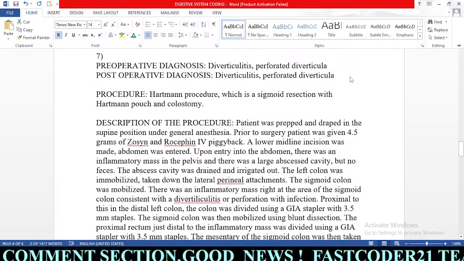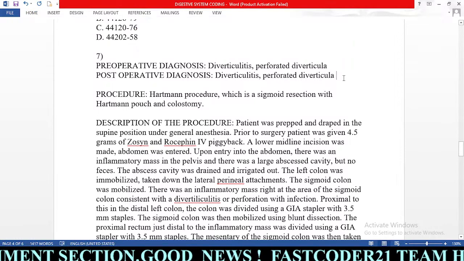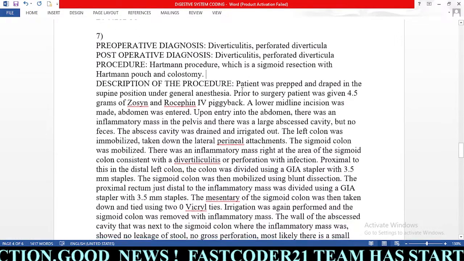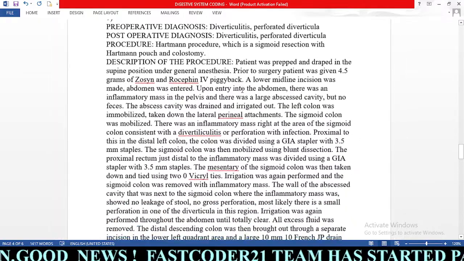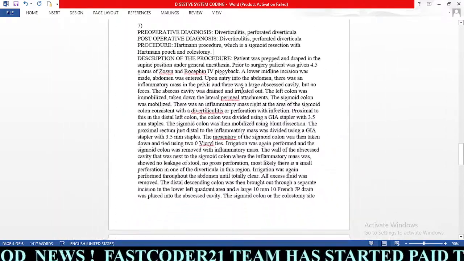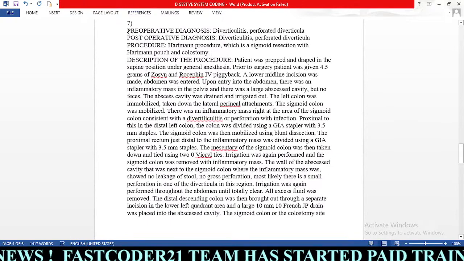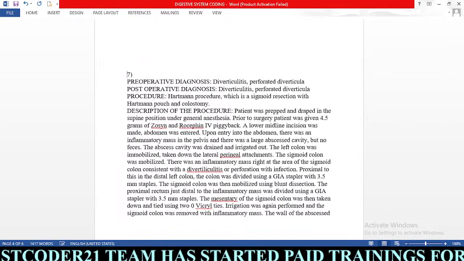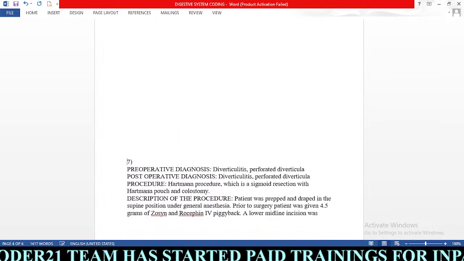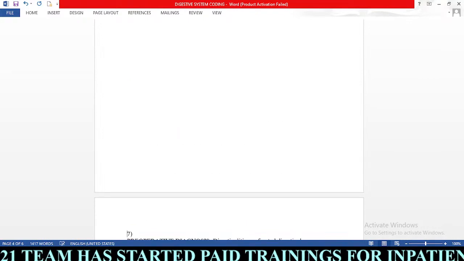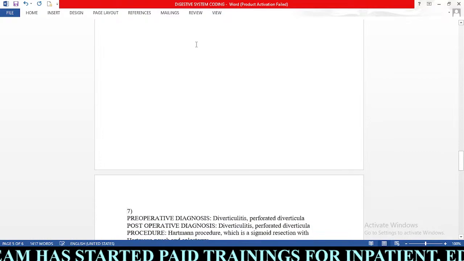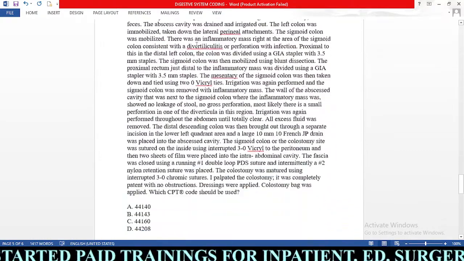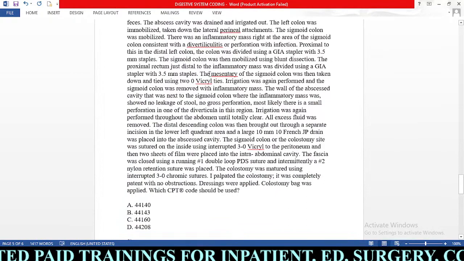One second, I will make it smaller so that you can see the codes also. Otherwise, I will do one thing like this. This is a very big operative report, that is the problem here.